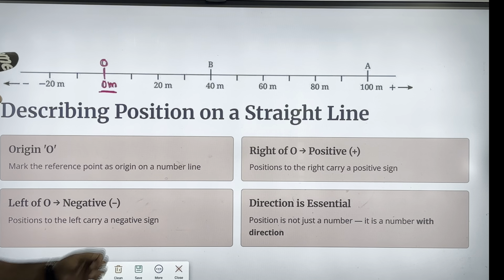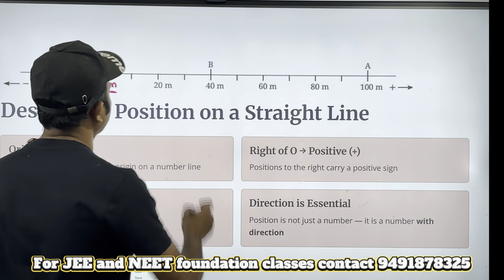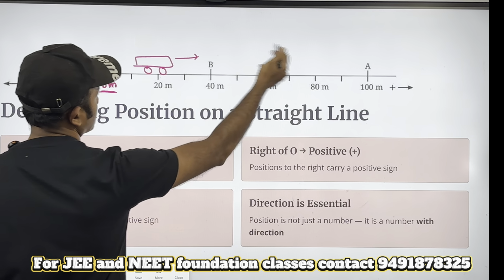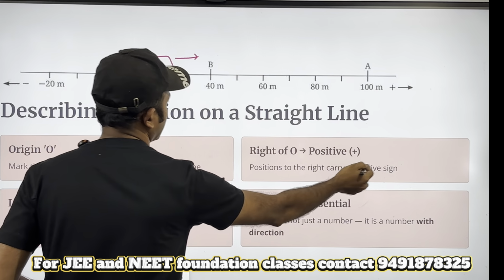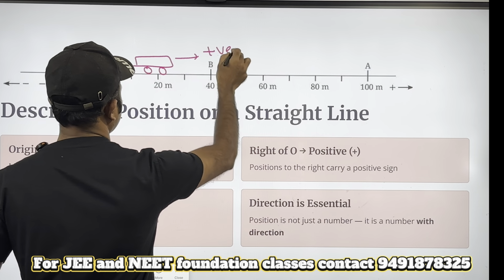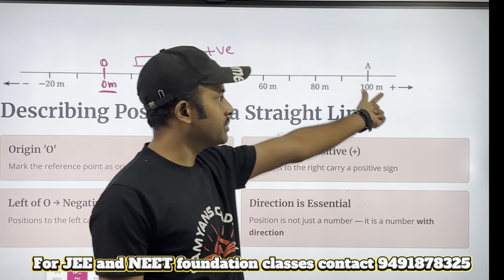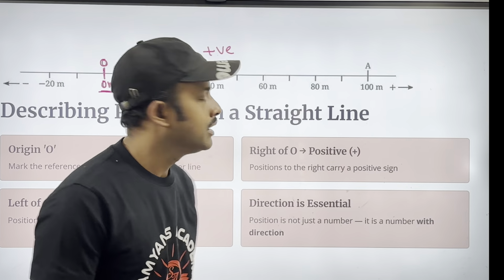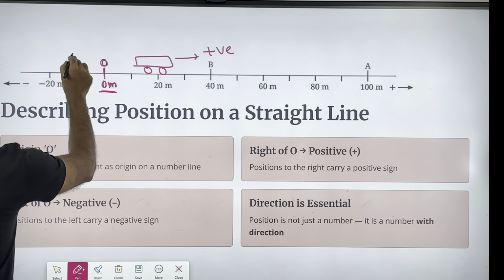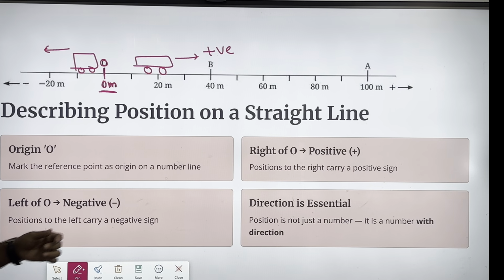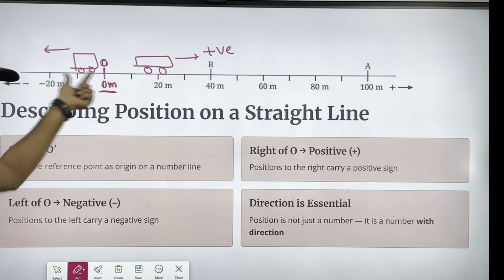Next, suppose this is a car. If it is moving towards the right side, then its position carries a positive sign. On this side you take positive signs: plus 20, plus 40, plus 60, plus 80, plus 100, like that. If the object is moving towards the left side of the reference point, you consider the negative sign.